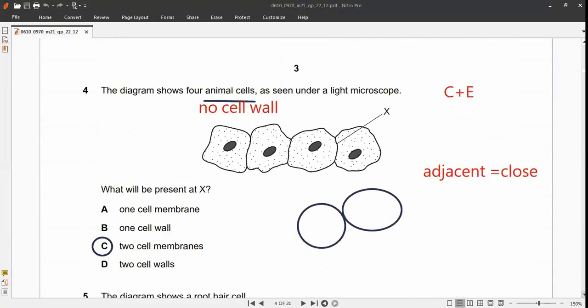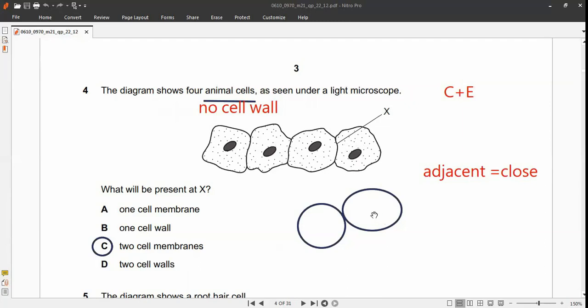Question number 4. The diagram shows 4 animal cells, not plant cells. That means no cell wall, as seen under a light microscope. So here let's see this picture. Adjacent cells, close to each other.